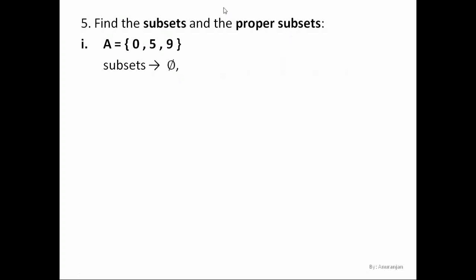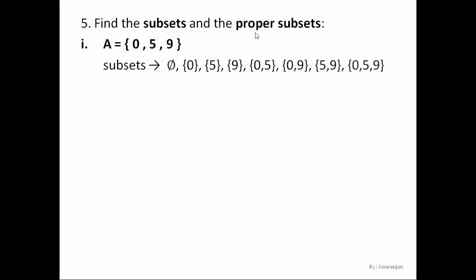Then a set which includes 0 as the element, a set which includes 5 as the element, a set which includes 9 as the element, a set which includes 0 and 5 as the elements, a set which includes 0 and 9 as the elements, a set which includes 5 and 9 as the elements, and a set which includes all the three elements will also be a subset of set A.